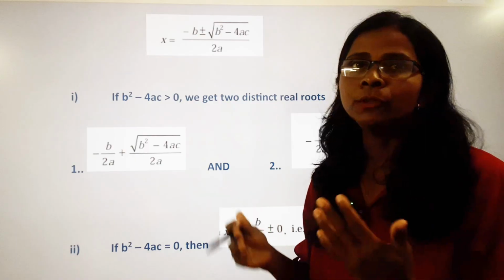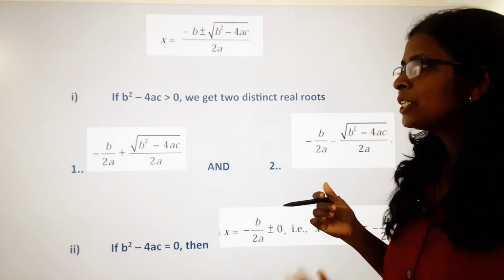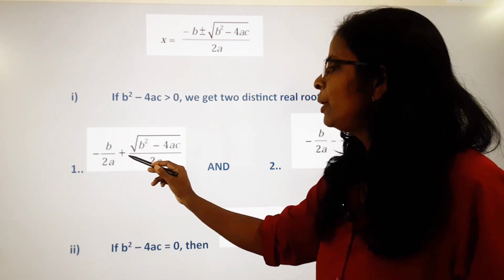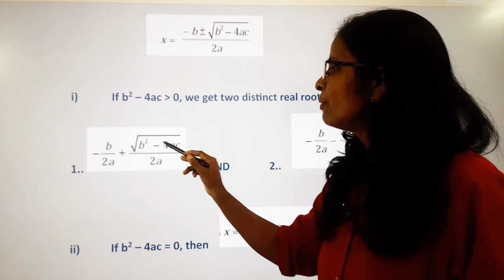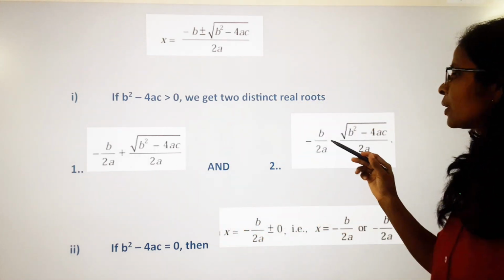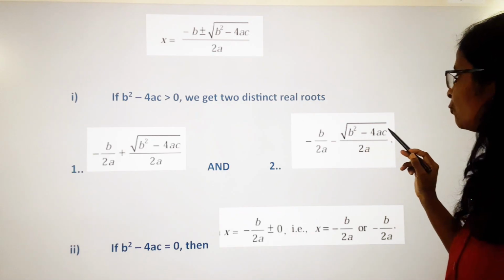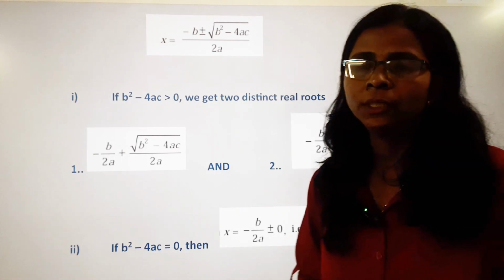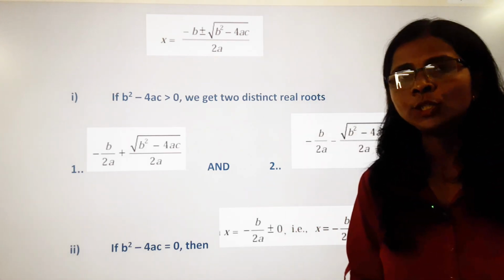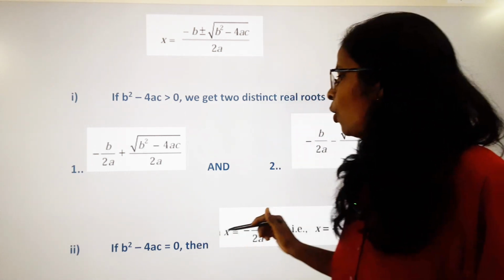Distinct means different. Which are they? The first root will be -b/2a + √(b² - 4ac)/2a, and the second one will be -b/2a - √(b² - 4ac)/2a.